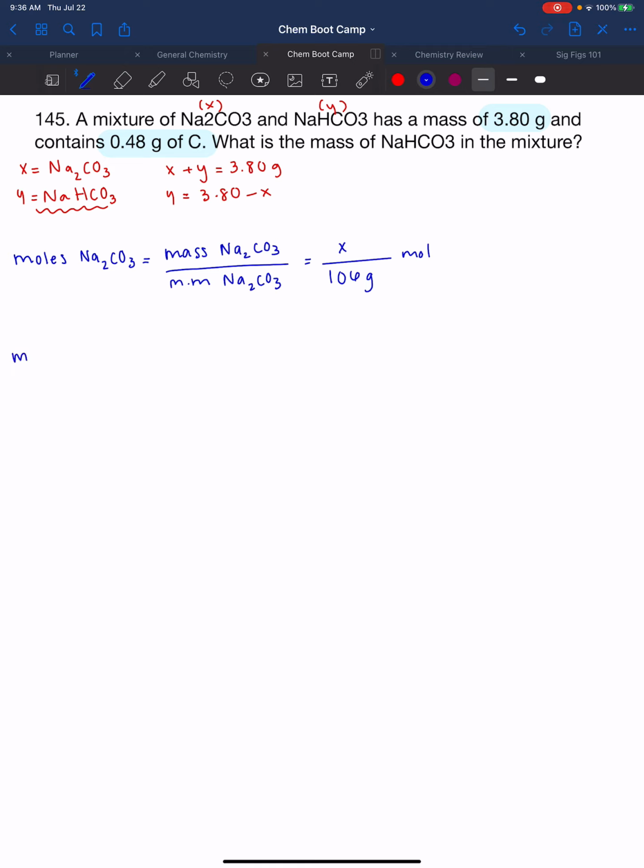Now to find moles of the sodium hydrocarbonate, we're going to find again the mass over the molar mass.